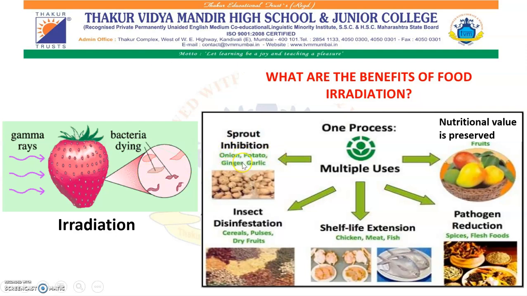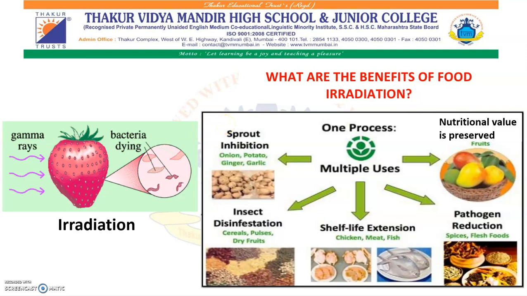To understand this, I will give you one example: we have potatoes and onions at home. Gradually, after a few days, sprouts start coming out of onion and potato, right? So this process of sprouting is slowed down by this method of irradiation. So definitely we can use it for a longer period of time.